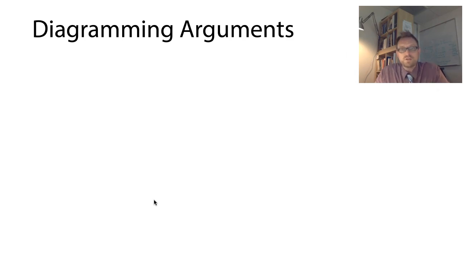So what I want to do in this video is briefly talk about diagramming arguments and how we can begin to uncover and articulate the structure of the way in which our arguments are coupled together. You'll recall that an argument always has two fundamental things: a conclusion as well as premises.